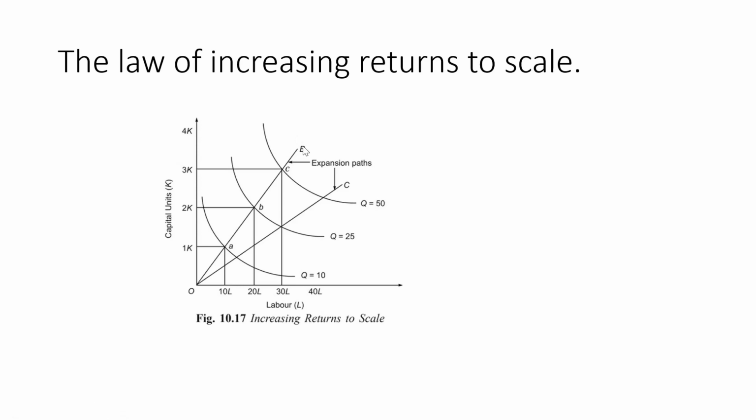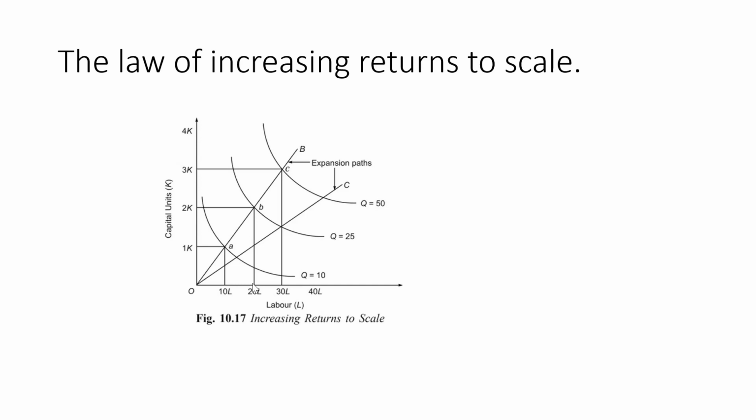When we move from point A to point B along the expansion line, it means there is a doubling of the inputs. So the combination increases from 1K to 2K, and also from 10L to 20L, which means that input has been doubled.